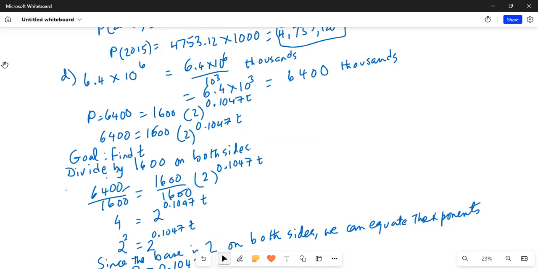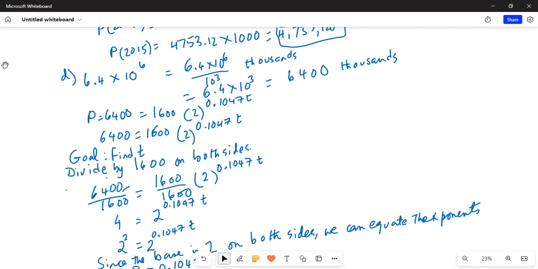So I can plug in the population figure of 6,400 is equal to 1,600 times the right hand side, 2 exponent 0.1047t. I do not know t. My goal is to find t. So I will first divide by 1,600 on both sides and get 6,400 divided by 1,600, which is 4, equal to 2, and 1,600 in the numerator and denominator cancel on the right hand side, so we are left with 2 exponent 0.1047t.